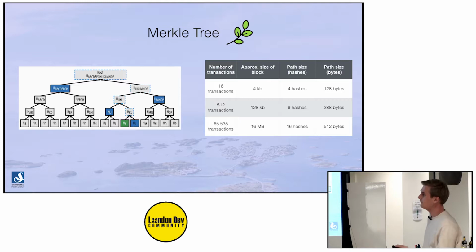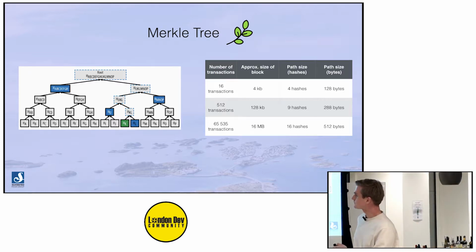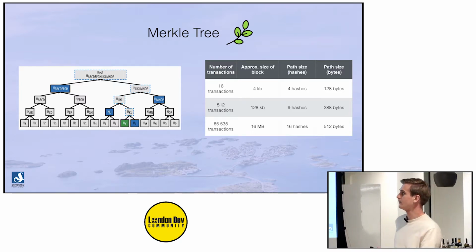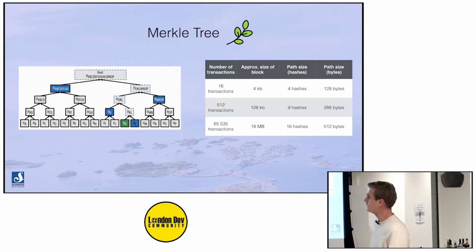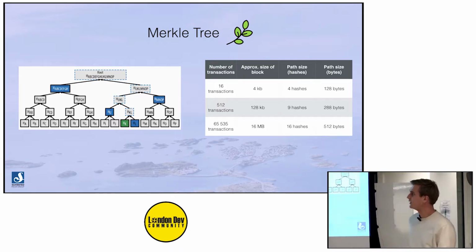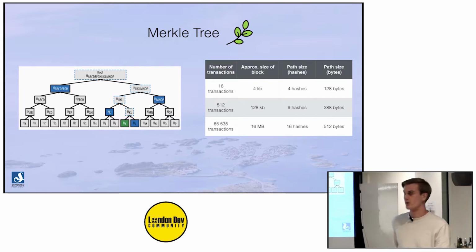And the neat property here is that when the number of transactions increases, the amount of data you need to verify any one of the transactions increases much slower.